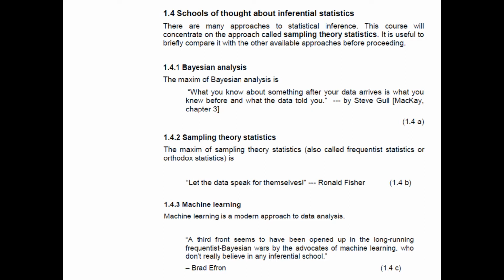A third school of thought is machine learning. This is a more recent approach to data analysis. So we have this quote from Brad Efron. He says, "A third front seems to have been opened up in the long-running frequentist Bayesian wars, opened up by the advocates of machine learning, who don't really believe in any inferential school."